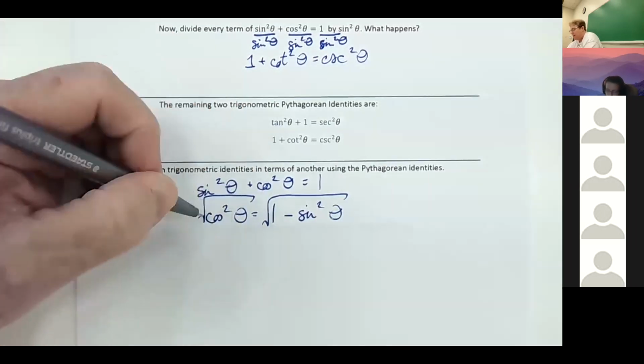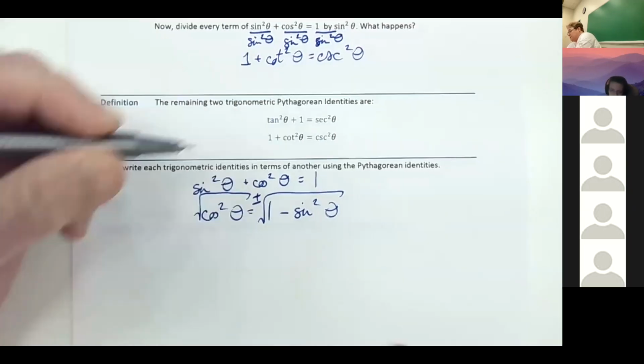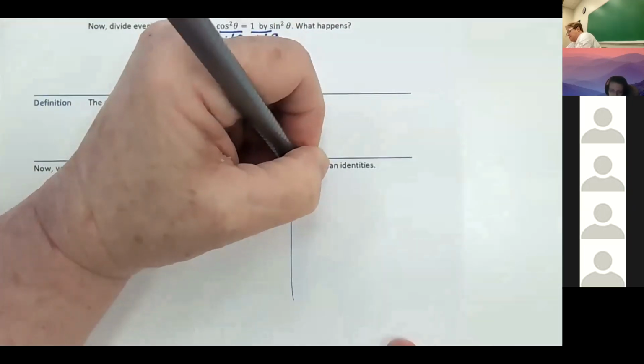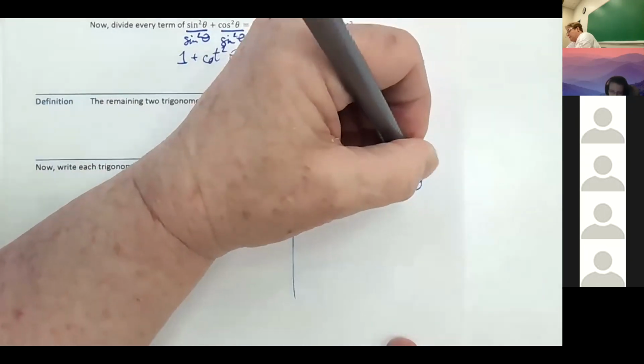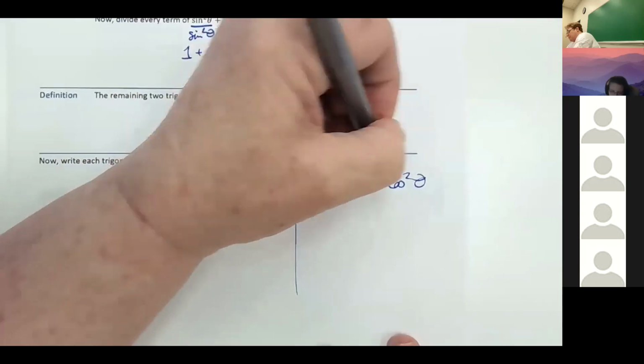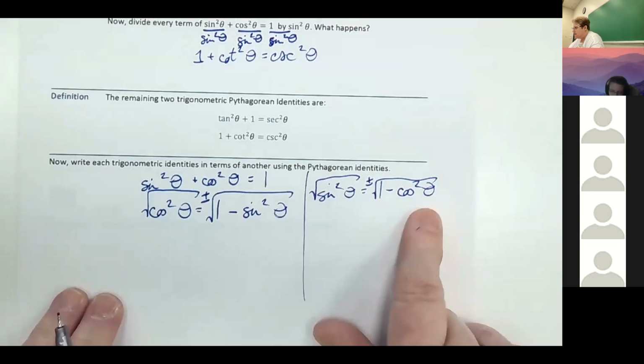Okay, so for sine, we would get plus or minus the square root of 1 minus cosine squared.